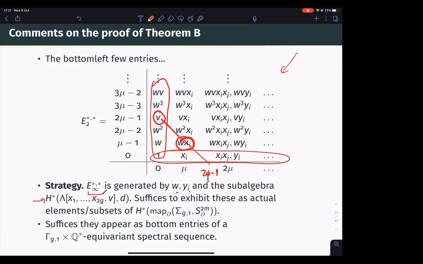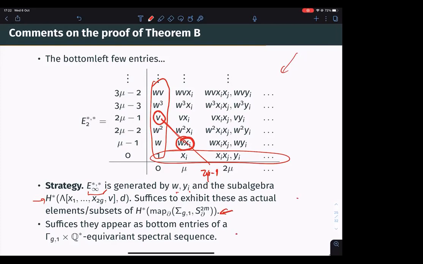Then, badly said maybe, it suffices that I exhibit this as actual elements of the cohomology ring that I'm looking at, not just as subsets of the associated graded object.